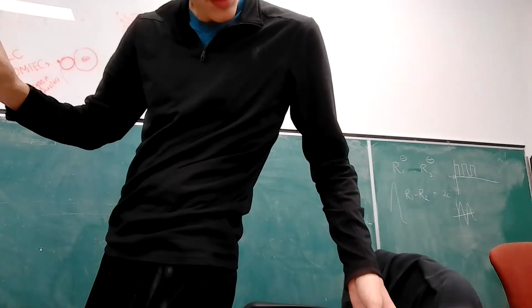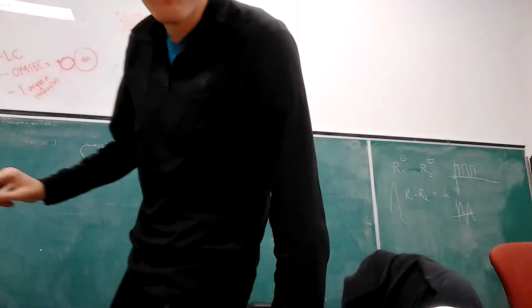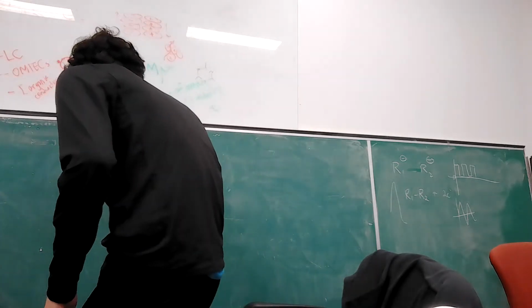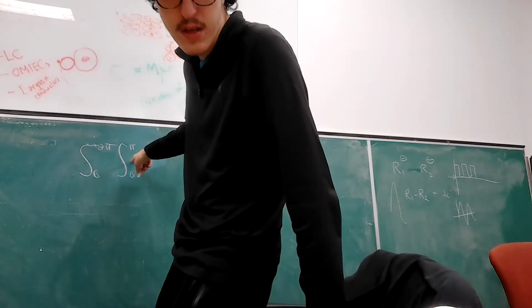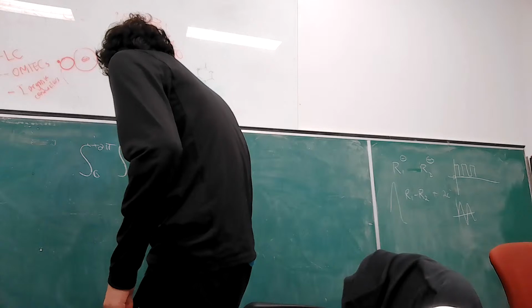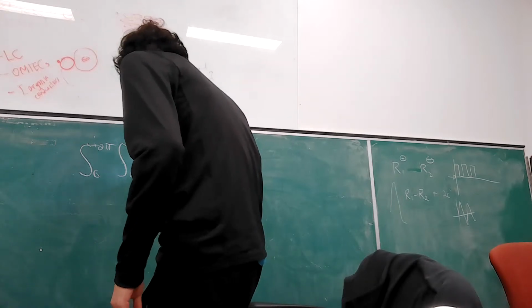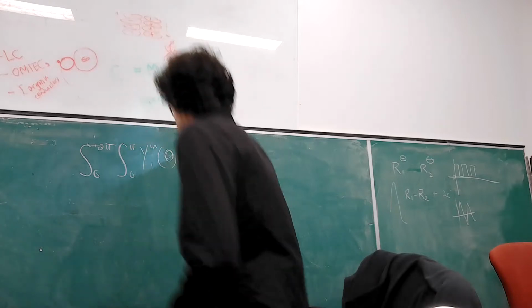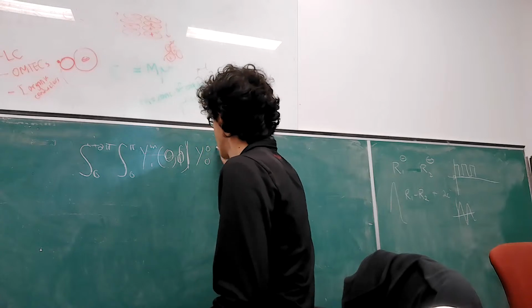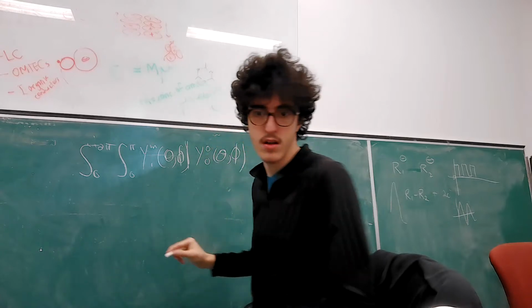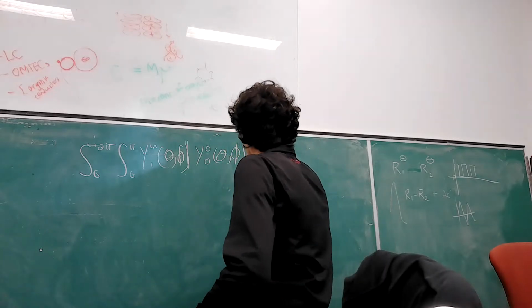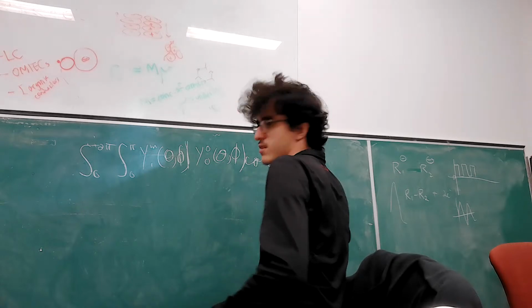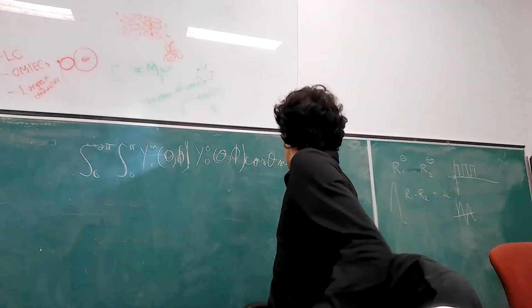So from 0 to pi, this one is over phi, this one's over theta, of Y of I, and then you have Y, and then they have cosine theta, sine theta, d theta, d phi.